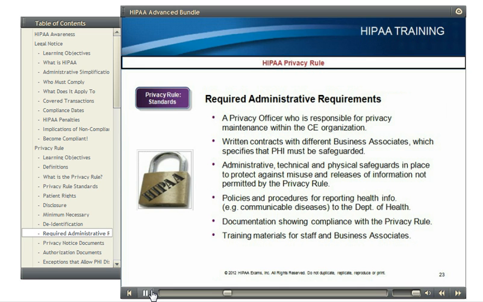Policies and procedures for reporting health info, e.g., communicable diseases, to the Department of Health. Documentation showing compliance with the privacy rule. Training materials for staff and business associates.